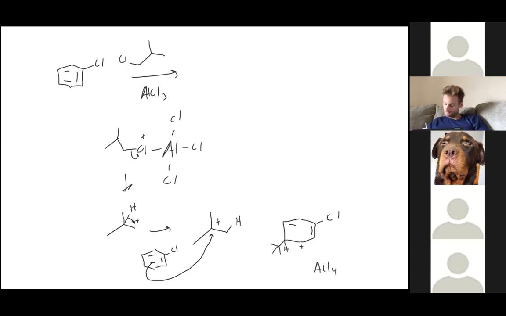AlCl4- can help us re-aromatize, and this is going to give us our rearranged product.